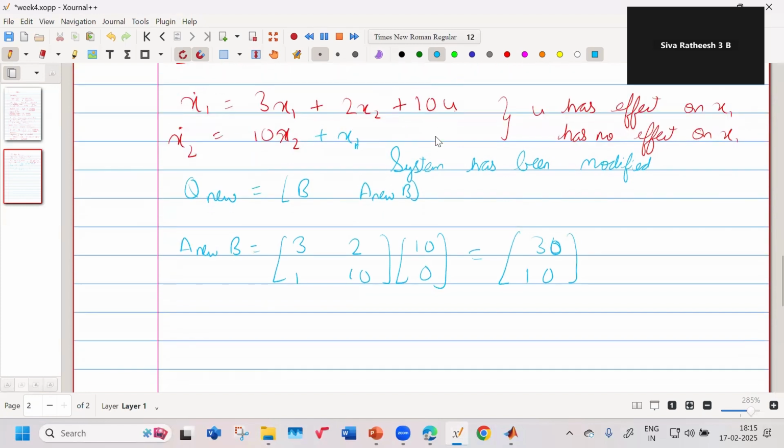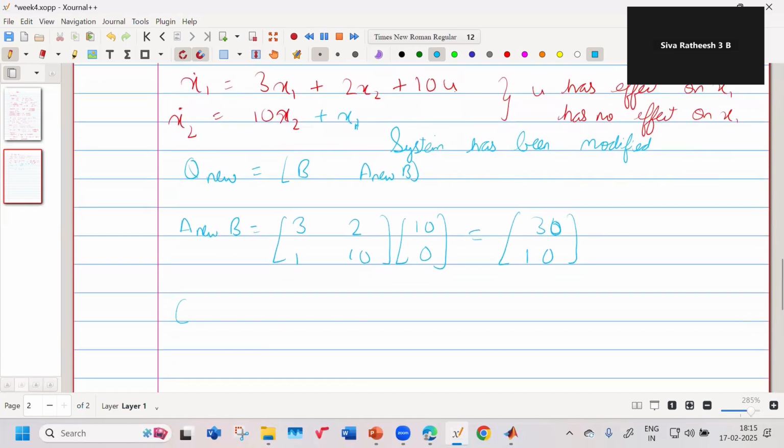So now my Q new, which is B, A new B, is 10, 0, 30, 10. So the determinant of Q new is 100 minus 0, it is 100. So it is not equal to 0.